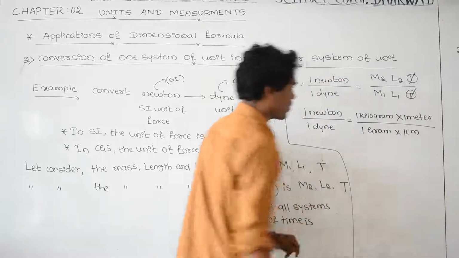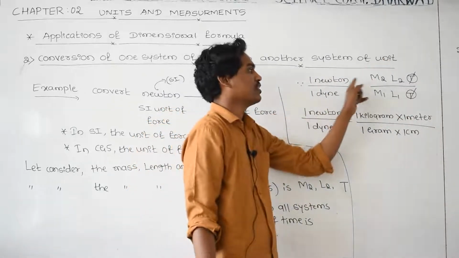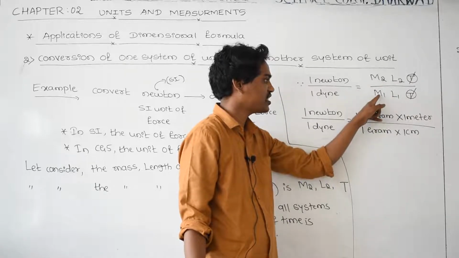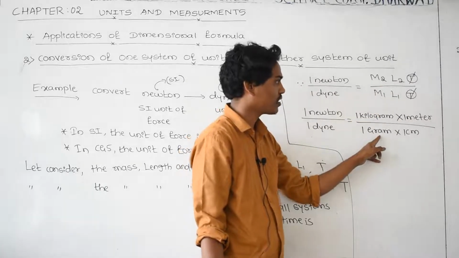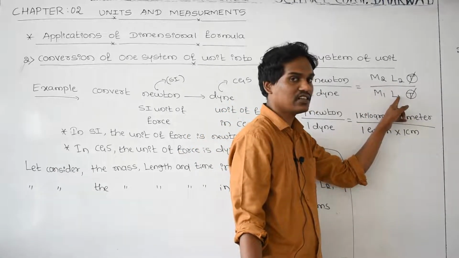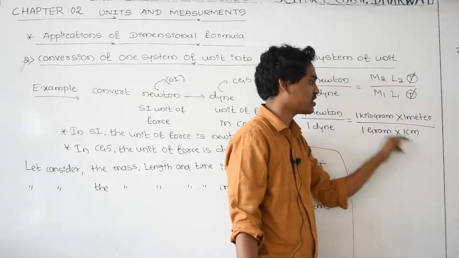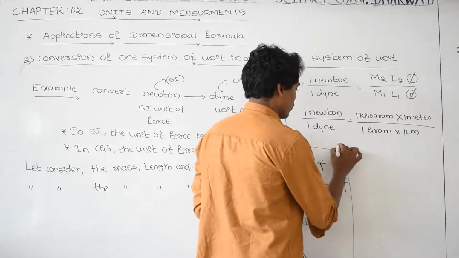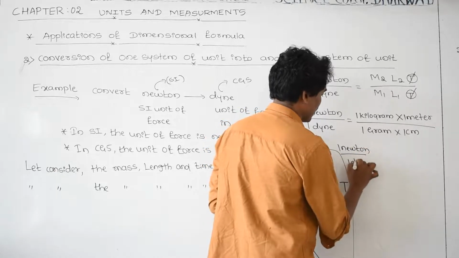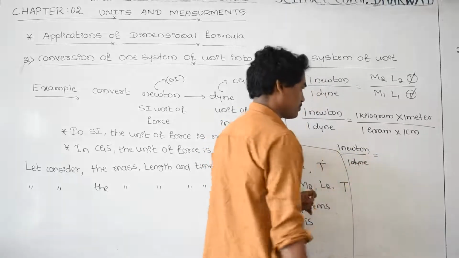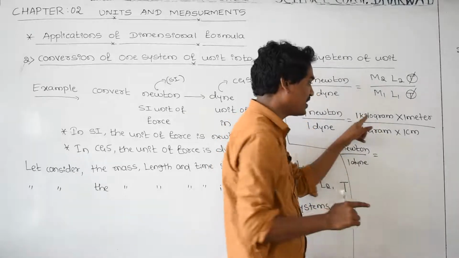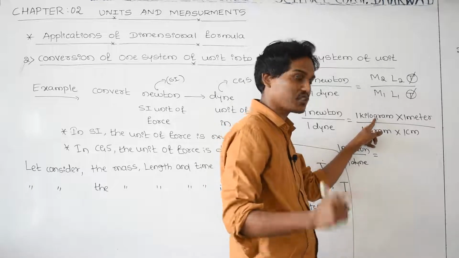In the SI system the unit of mass is kilogram, in the CGS system the unit of mass is gram. In the SI system the unit of length is meter, in the CGS system the length unit is centimeter. Therefore 1 Newton divided by 1 dyne is equal to, convert kilogram to gram. 1 kilogram is equal to how many grams? 1000 grams.